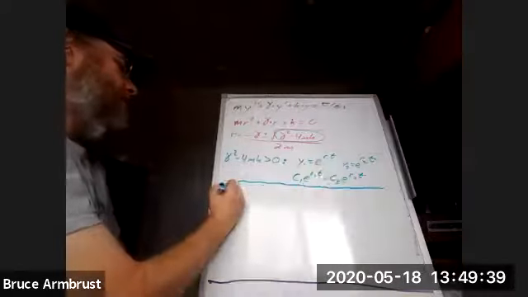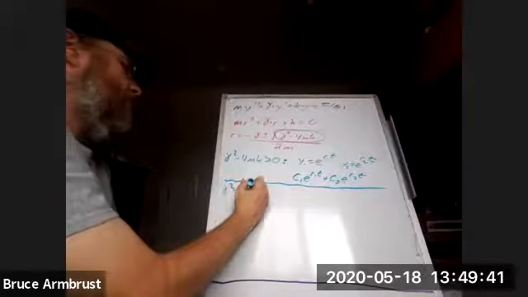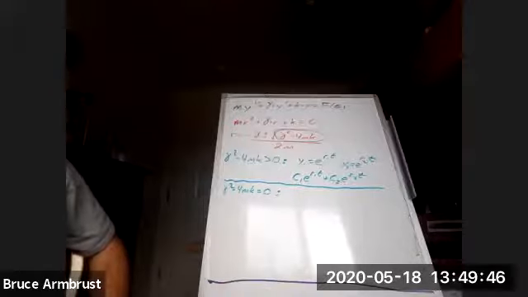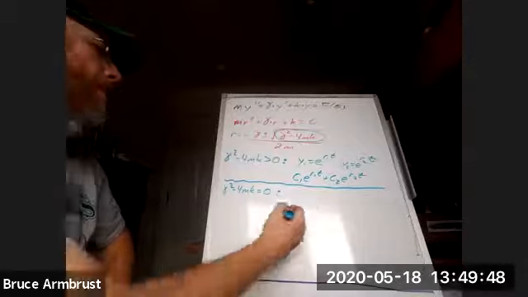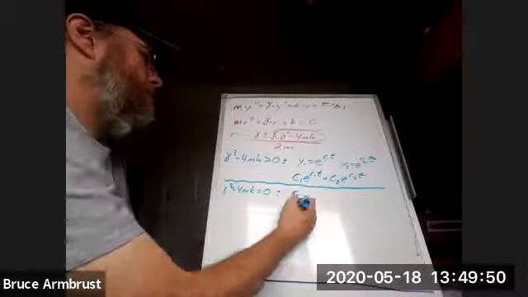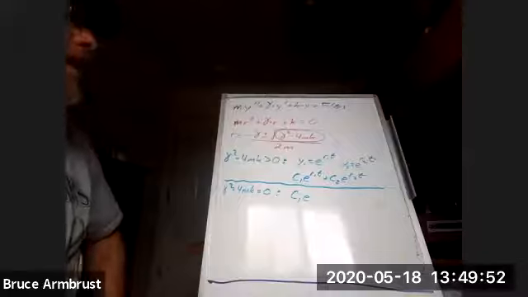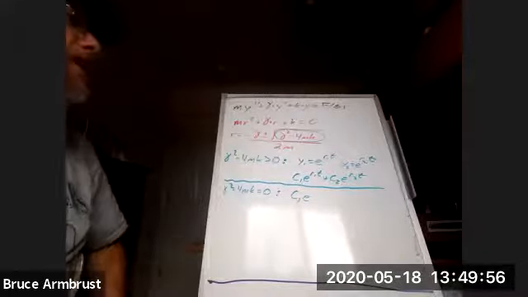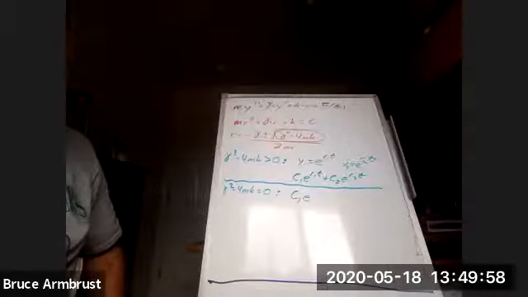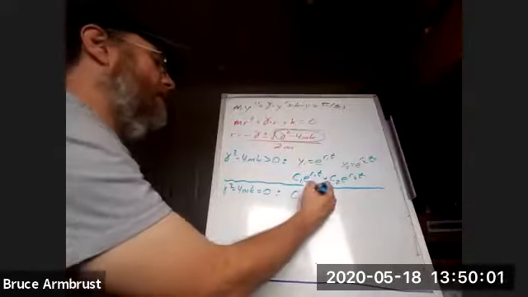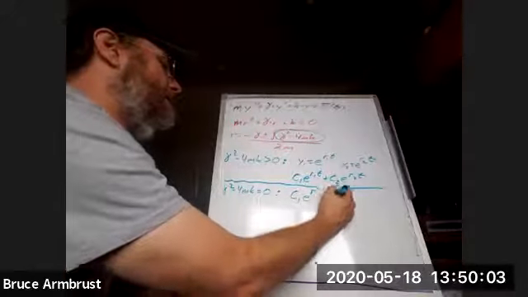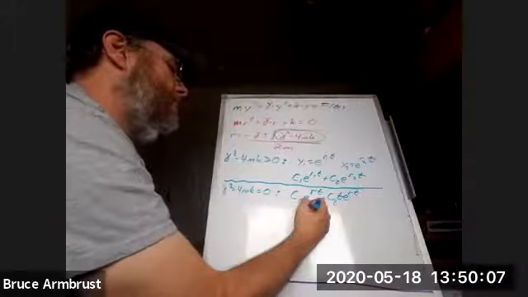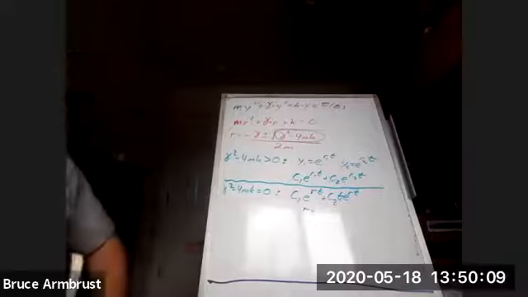Case number two is where that equals 0. Since it equals 0, this is the case where we have repeated roots. So we're going to get c1 e to the rt plus c2 t e to the rt. But even better, I can tell you what r is going to equal.